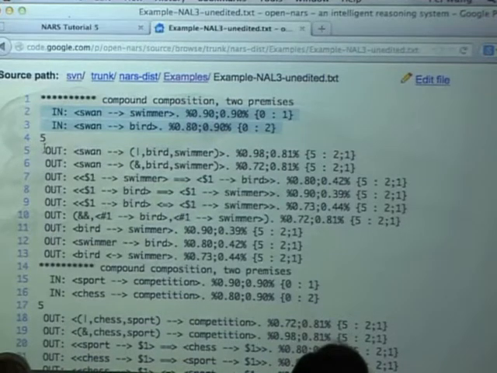You see, it produces a whole bunch of stuff. This is the induction we introduced in layer 1, right? And this is the comparison we introduced in layer 2.